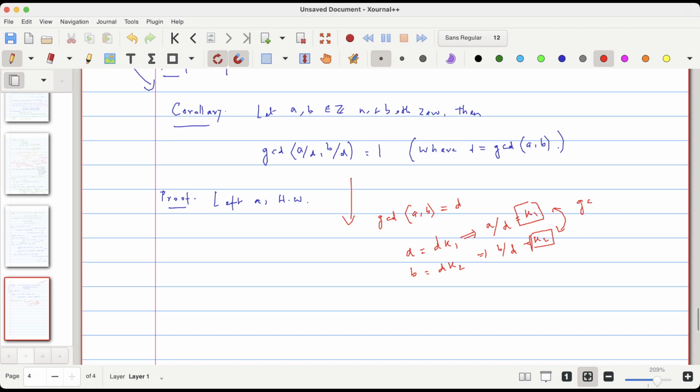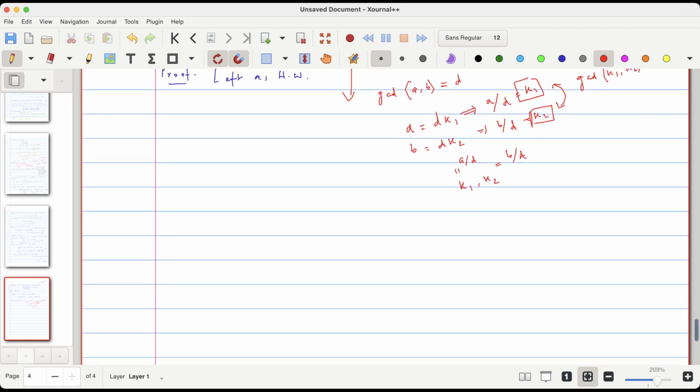So that means their GCD must be 1. It's pretty easy to understand. Okay, this is the physical implication, if you want to say, of this corollary. Okay, good.